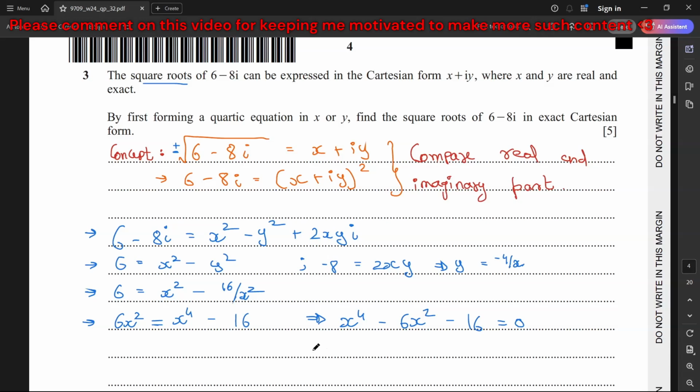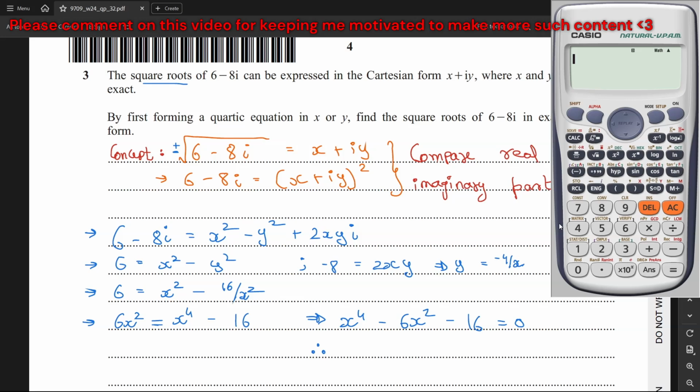So from here what I'm going to do is solve this quartic equation in terms of a quadratic. For that I'm just going to take out my calculator and plug in the values to do it very quickly. I'm going to go to mode 5.3, input the a value as 1, b value as minus 6, c value as minus 16. So over here, I can see that x squared is equal to 8 and x squared is equal to minus 2.